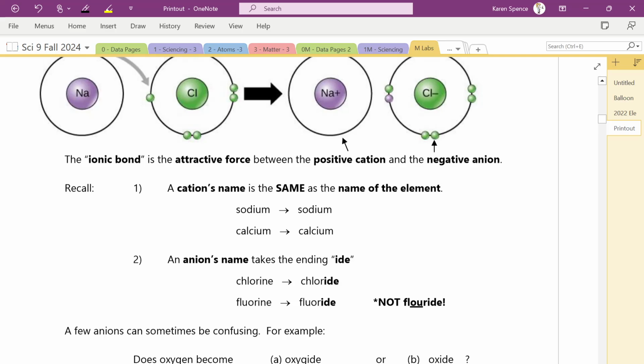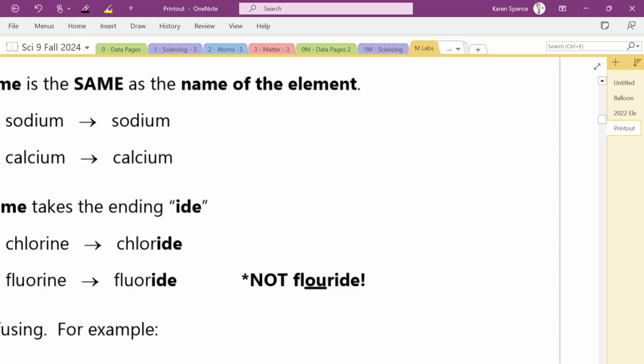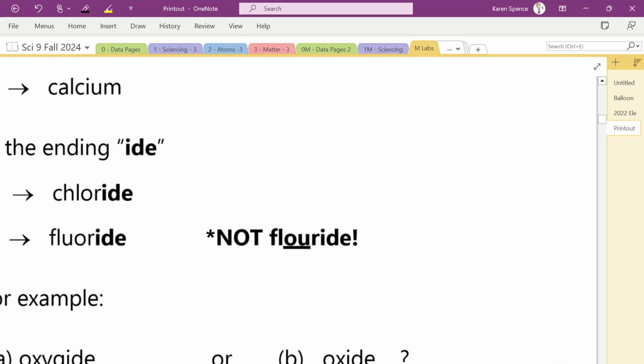Just watch out for a few things. Here's one mistake that many people make. And I don't want you to make it because I will take off a half a mark. Fluoride is F-L-U-O-R-I-D-E, not fluorine.